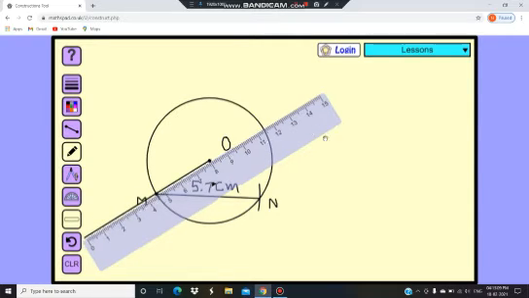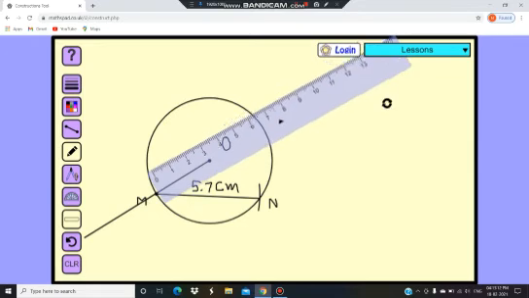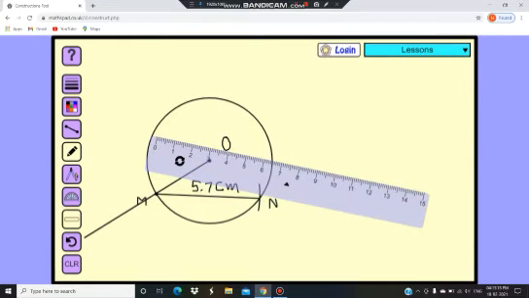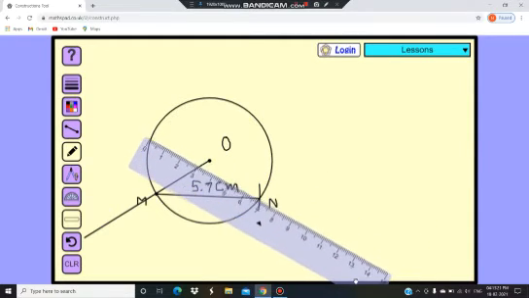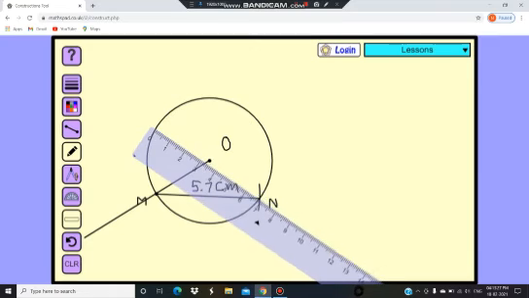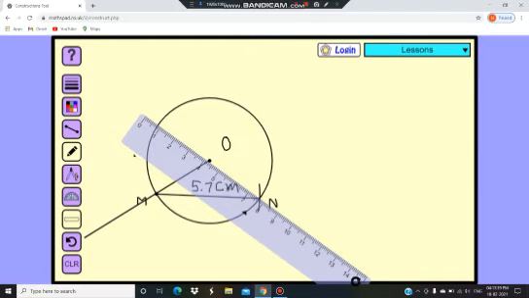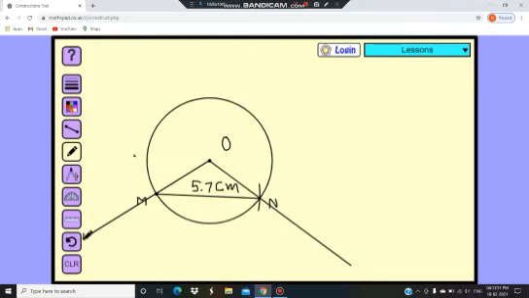Okay, same way, through the point O and N, we have to pass a ray through the point O and through the point N. Okay, it's a ray, so on both the ends show the arrows.